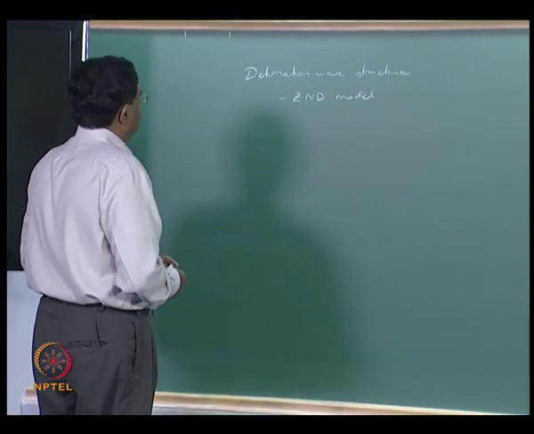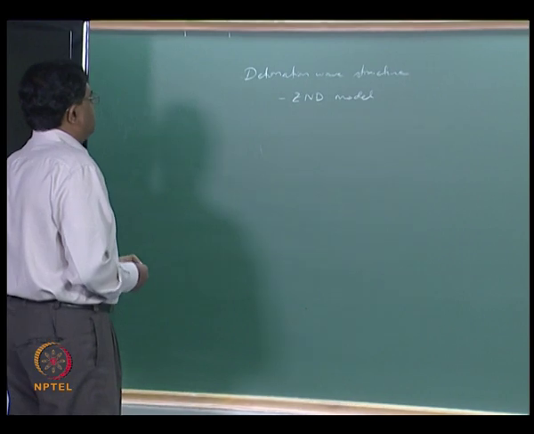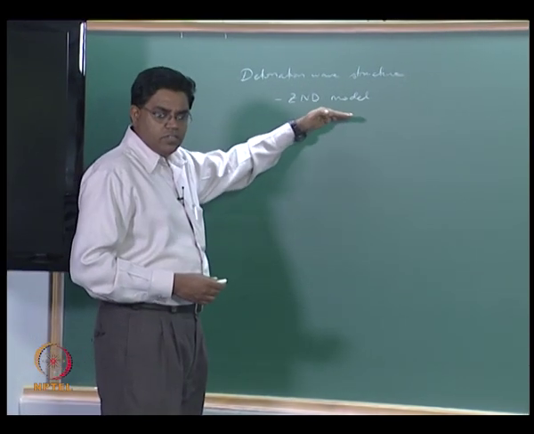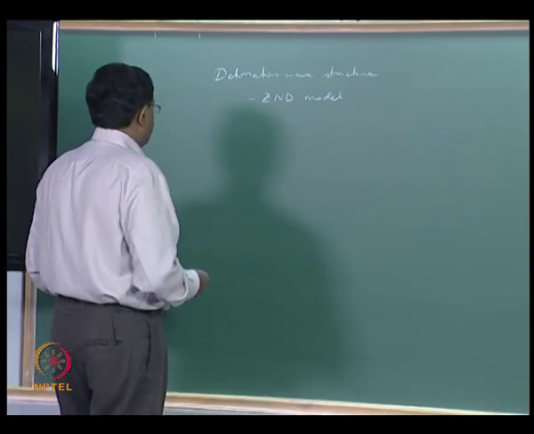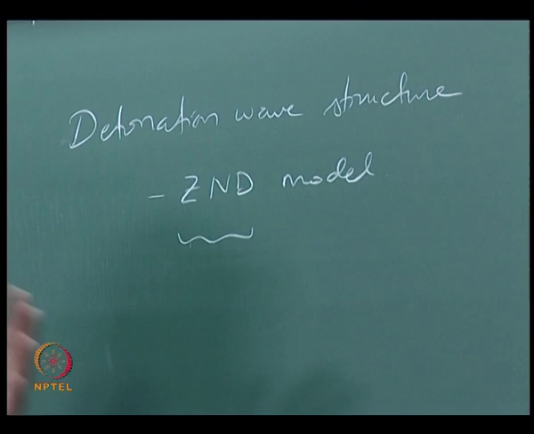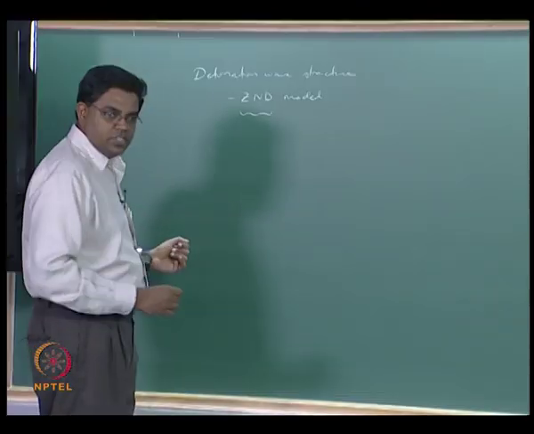and the first kind of advancement that was done in this is what is typically called the ZND model, which stands for Zeldovich. As usual, as with most things in combustion, it always has to have Zeldovich there.